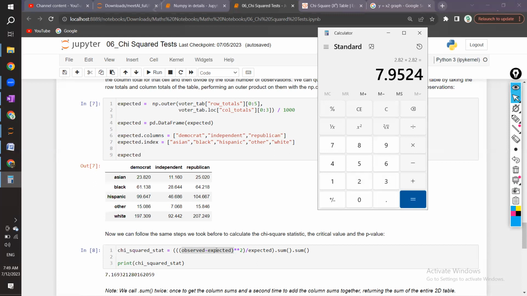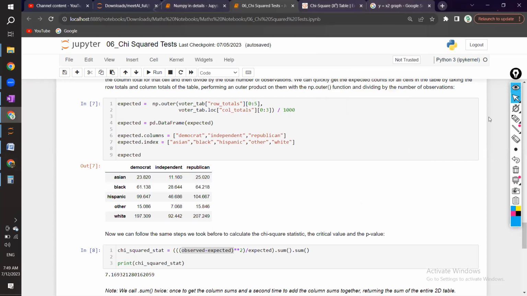This is observed minus expected, whole square, divided by expected, 23.820. 0.33 will be the value for Asian Democratic. Similarly, you need to calculate it for every other value.